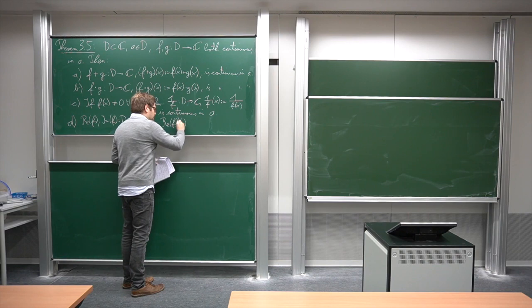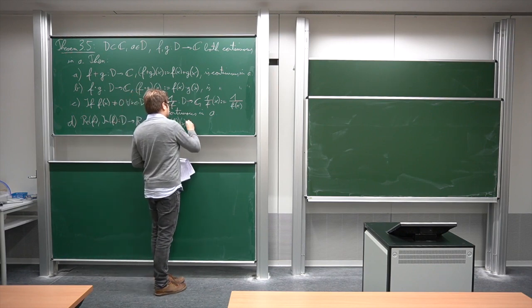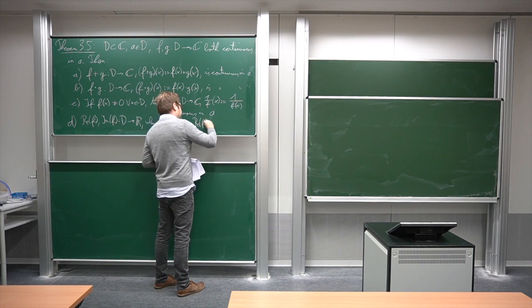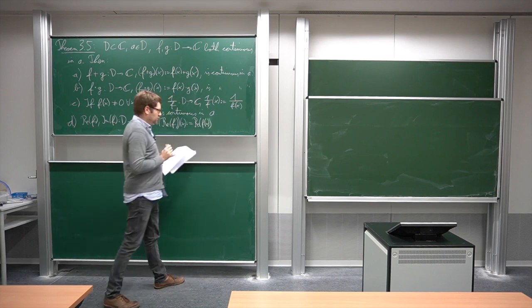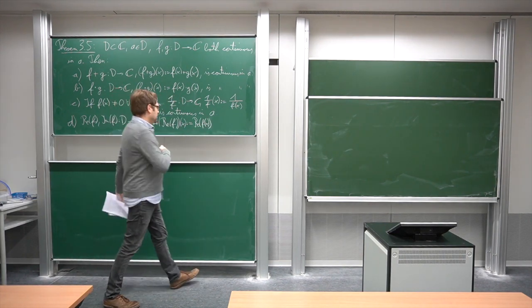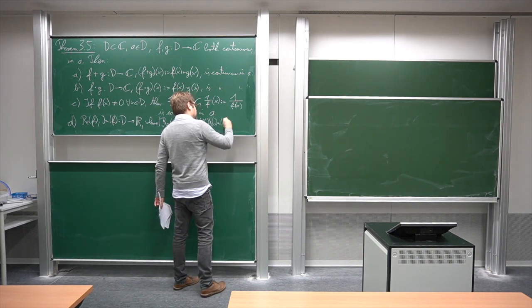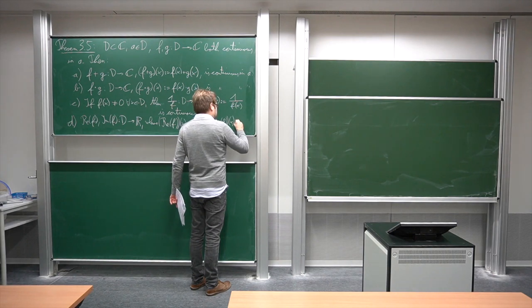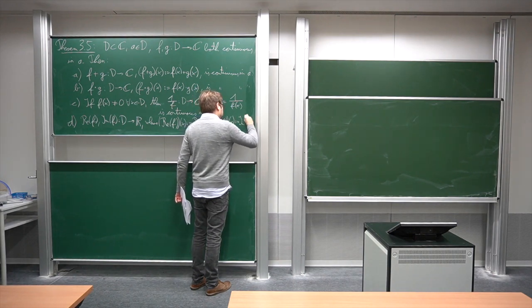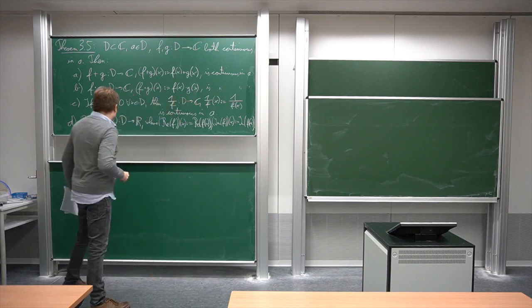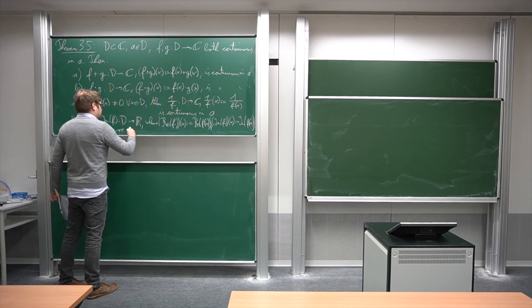The real part of f at x is simply the real part of the value f of x. So at each point we take the real part of the function at this point. And the same for Im f: Im f of x is defined as the imaginary part of f of x. These are continuous in A as well.